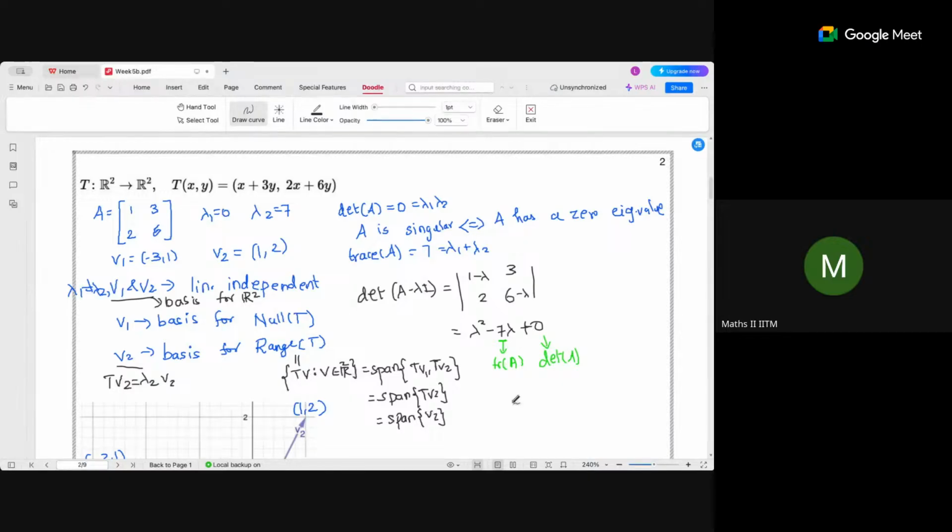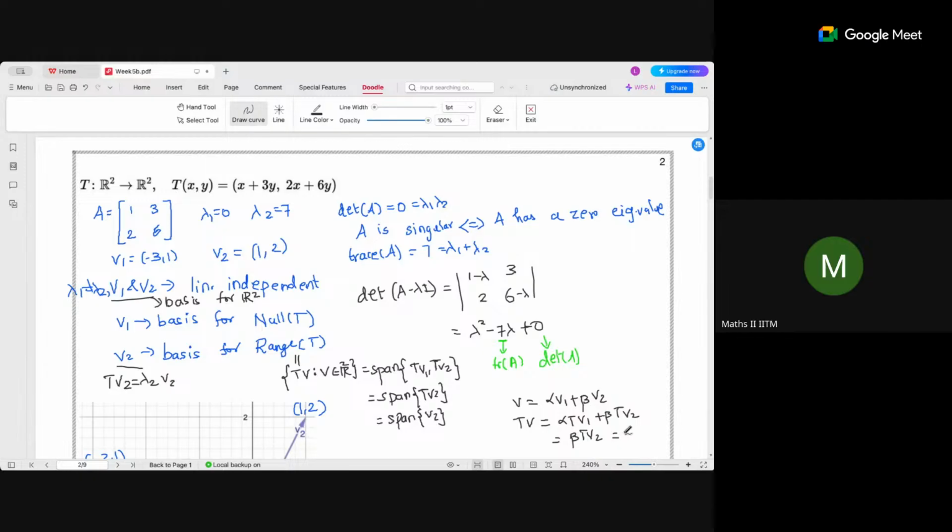So now can I write my V as alpha V1 plus beta V2? Because we have entire coverage of the domain through V1 and V2. Can we do that? Yes, we can do that. In that case, what is TV? TV is nothing but alpha TV1 plus beta TV2, which is same as beta TV2 because TV1 is 0, right?